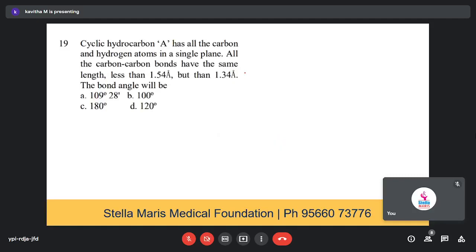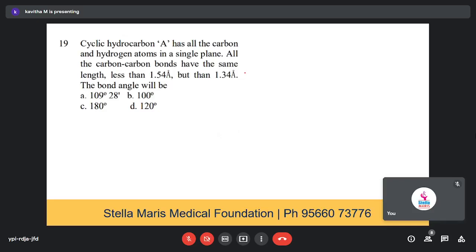The next one: a cyclic hydrocarbon A has all the carbon and hydrogen atoms in a single plane. All the carbon-carbon bonds have the same length, which is less than 1.54 Angstrom but greater than 1.34 Angstrom. You have to keep this in mind.